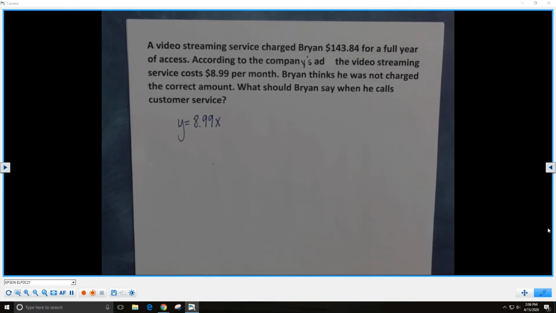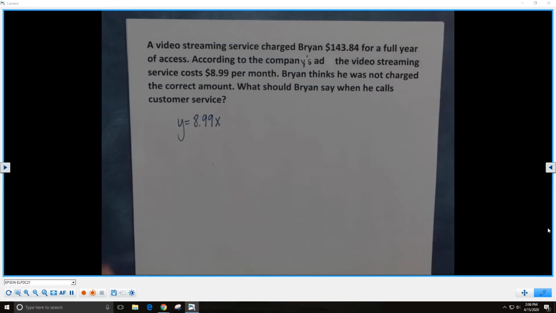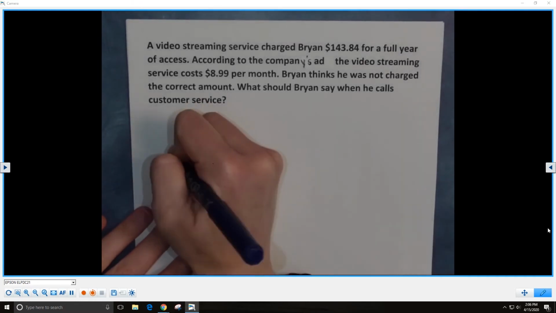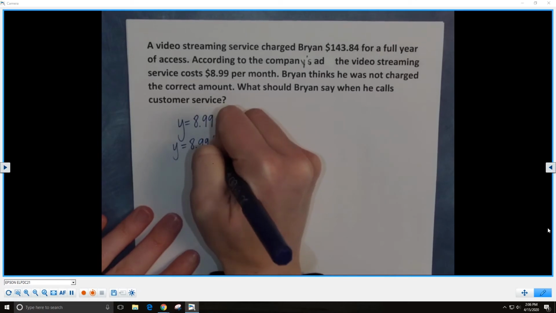What variable should we substitute the 12 in for? Should we substitute 12 for the x variable or for the y value? Or excuse me, for the y variable? Right, x is the right variable because x represents the number of months. And we know it's been 12 months. We're going to substitute 12 in place of x. So y equals the $8.99 per month.